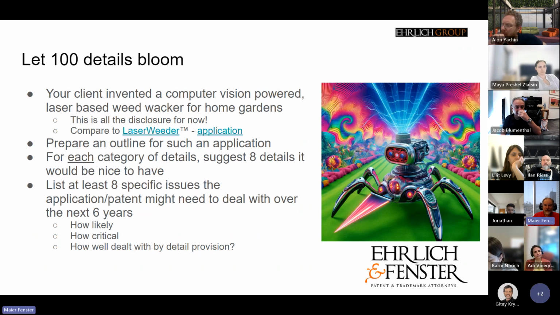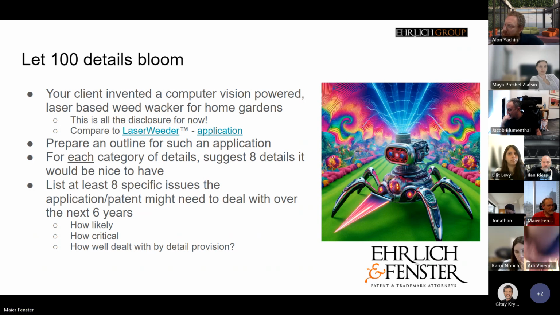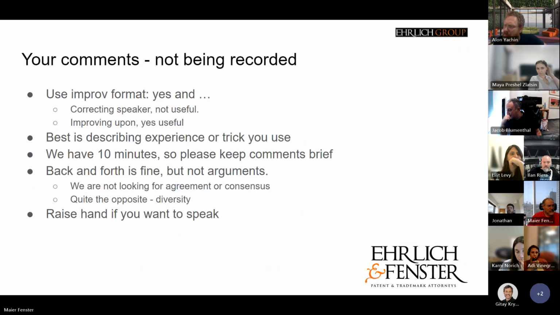Just as an example, computer vision powered, do we need to describe using machine learning type computer vision or only algorithmic computer vision? What about some other type? I don't know. Any case, that's all the details for now.